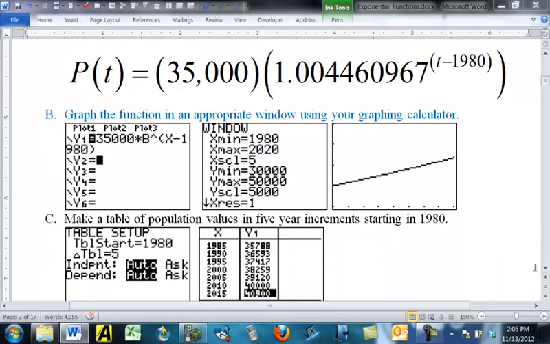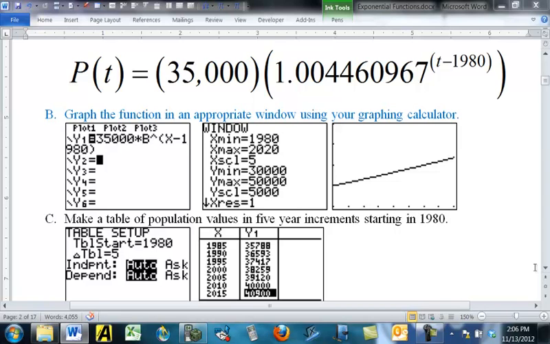So graph it. Since I already have this stored as b, I just typed in 35,000 times b to the power x minus 1980. Be sure I put parentheses around the x minus 1980. And we're going to graph it from 1980 to 2020. I marked off the x-axis in 5-year increments.